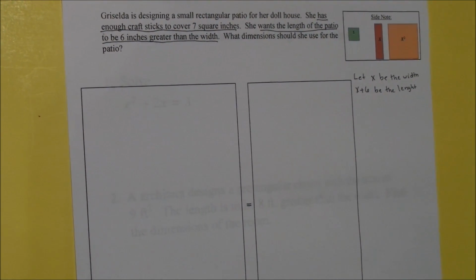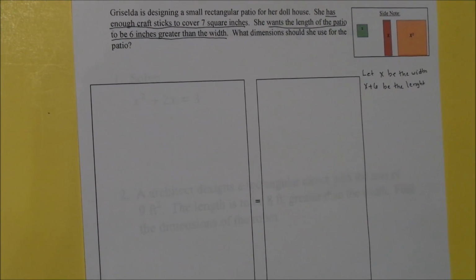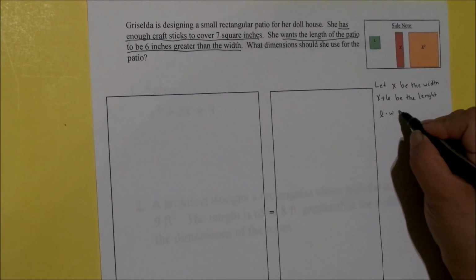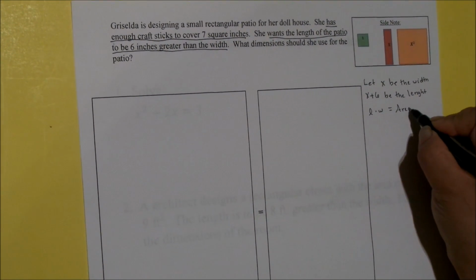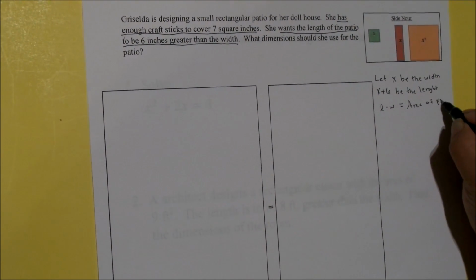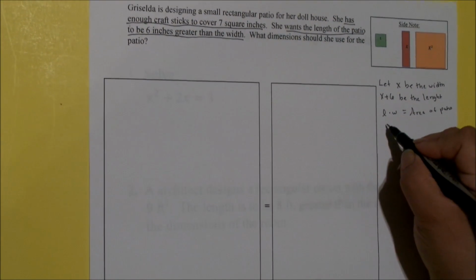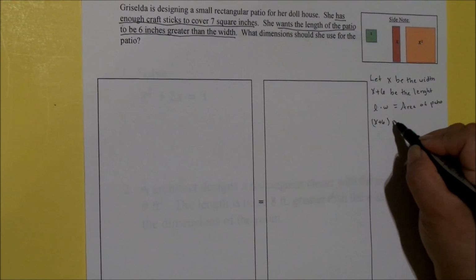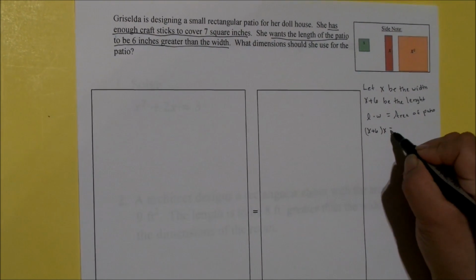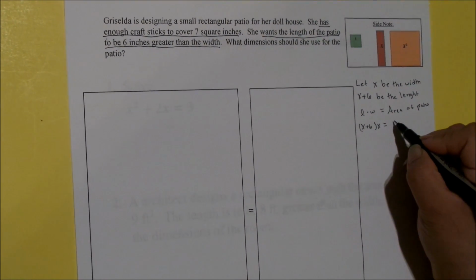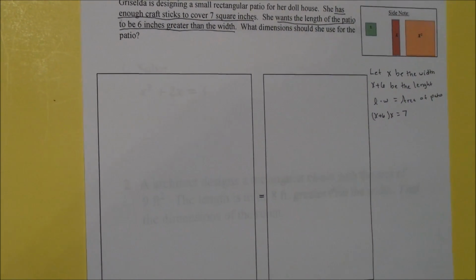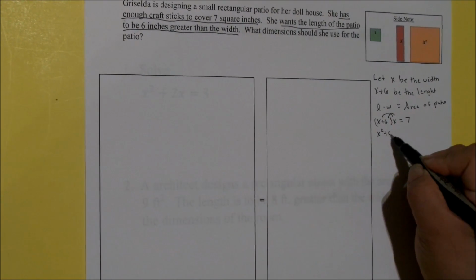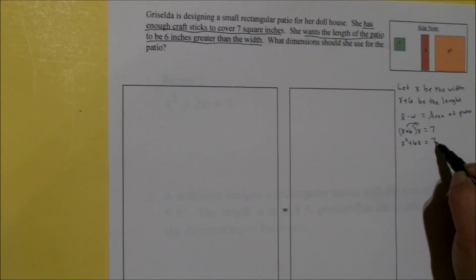Using the formula for the area of a rectangle, length times width equals the area of the patio. So we have x plus 6 times x equals 7. Let's distribute this x. So we have x squared plus 6x equals 7.